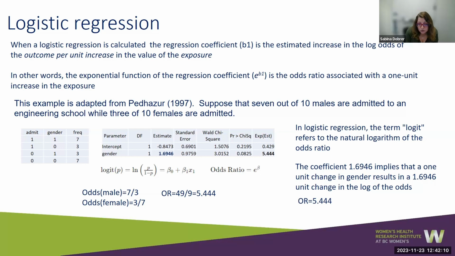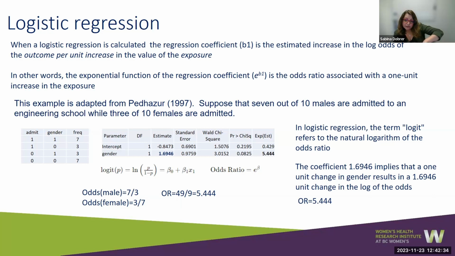And based on this, our odds ratio will be actually E to the power of beta. So we're going to use E to the power of beta, and we will receive our odds ratio as 5.4.